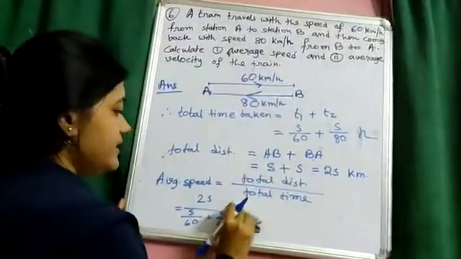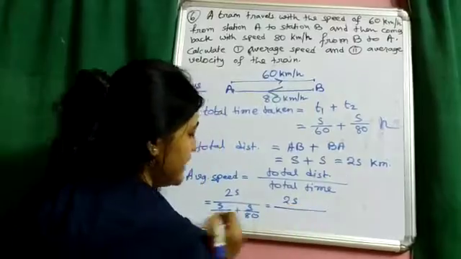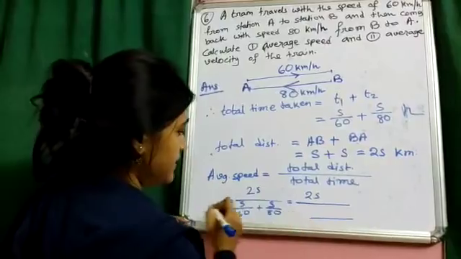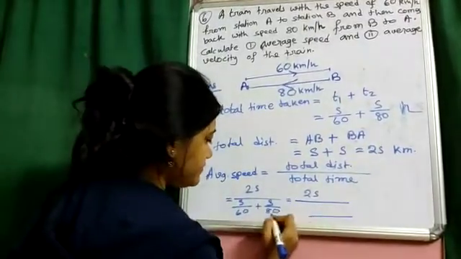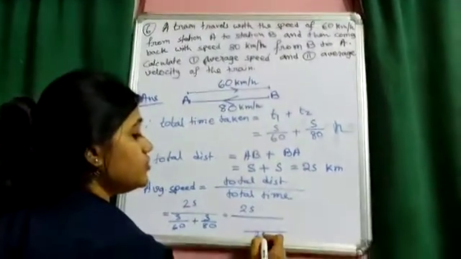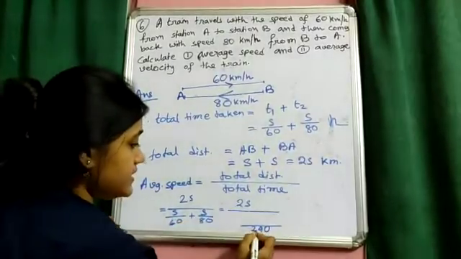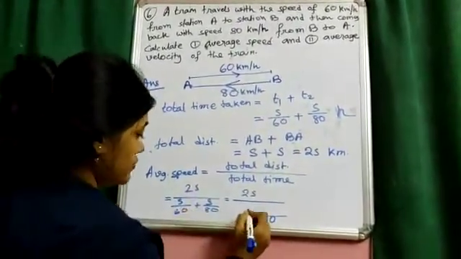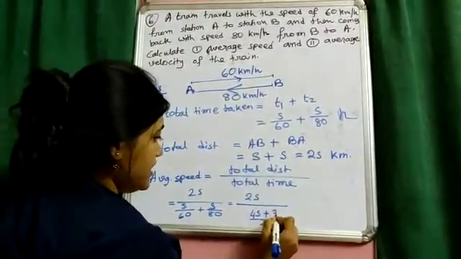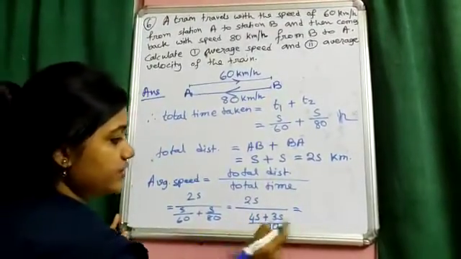Now let us make it a little bit simple. 2S, and here it will be 60 and 80. 240 is their LCM, so it becomes 4S plus 3S, divided by 240.